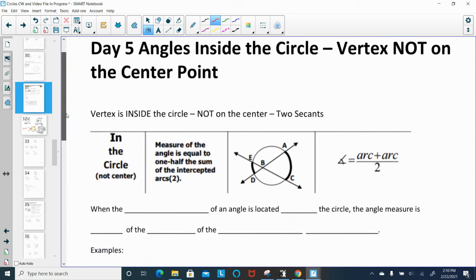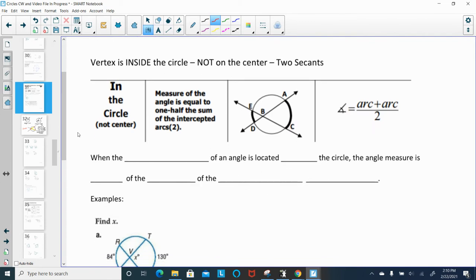So this is the case where the vertex is inside the circle. It is not on the center. So these are two secant lines, and we're going to take these two arcs. They're bold in the notes, but I'm going to highlight them in purple, and I'm going to highlight the angle in yellow. So there's the angle.